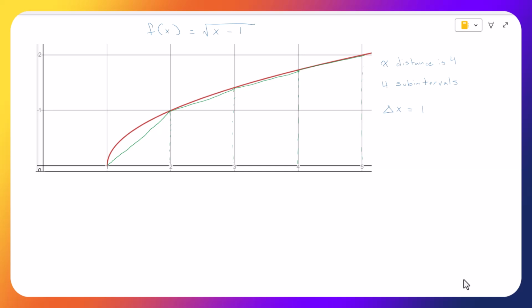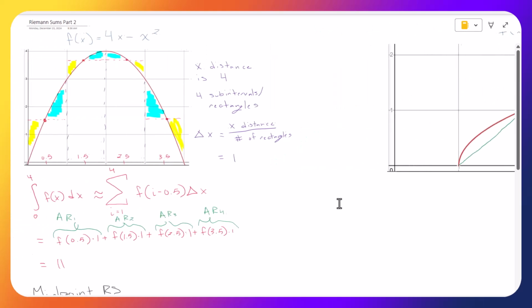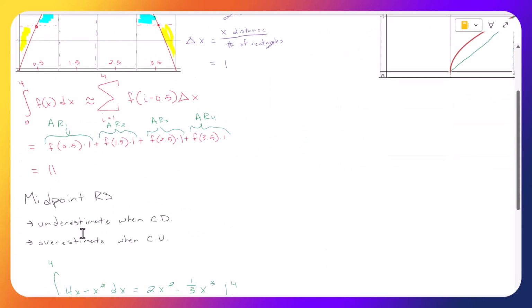The other thing that I said, and I really don't want to re-record this again, so I'm just going to go back and fix it. I mixed these two up. It is an underestimate when we're concave up and an overestimate when we're concave down.